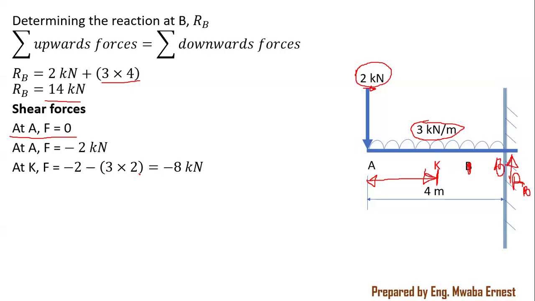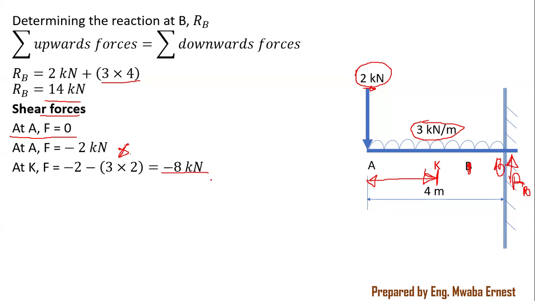Hence, 3 times 2 gives us 6, and this is a -2. -2 minus 6, you get -8. And remember, this is a shear force, so it should carry the unit for a force. So this product gives us 6, whereas on the other end, we already have a -2. So -2 minus the 6, that is what leads us here.